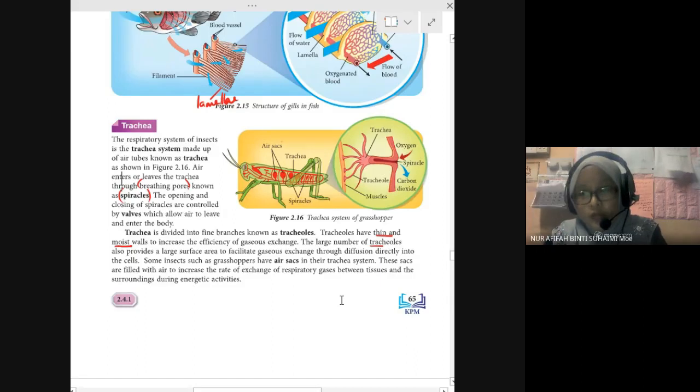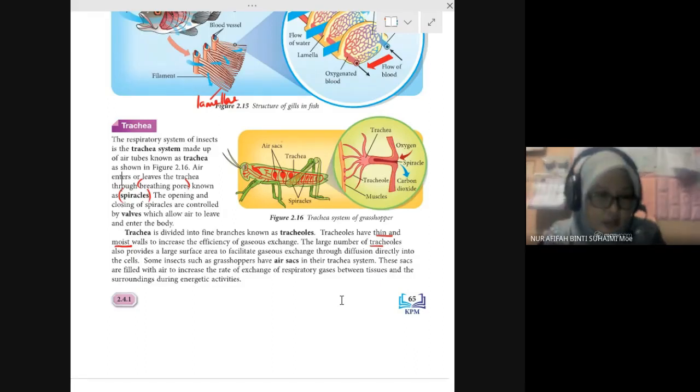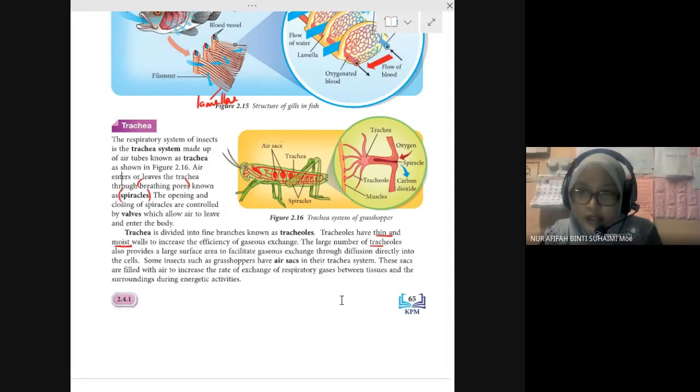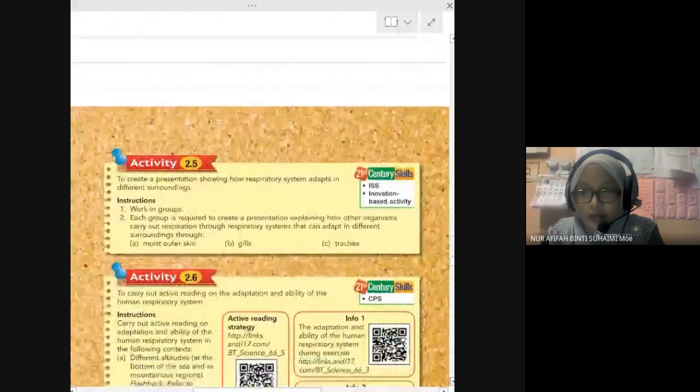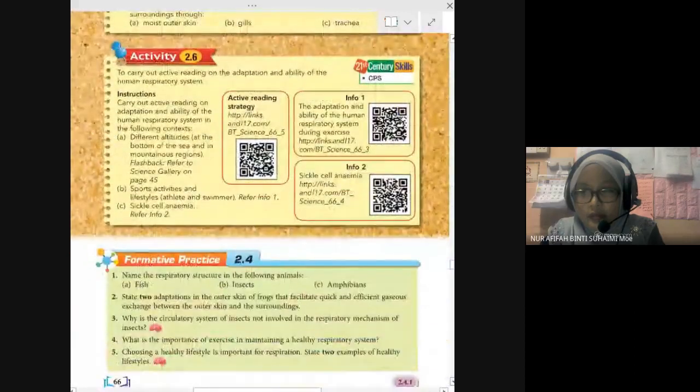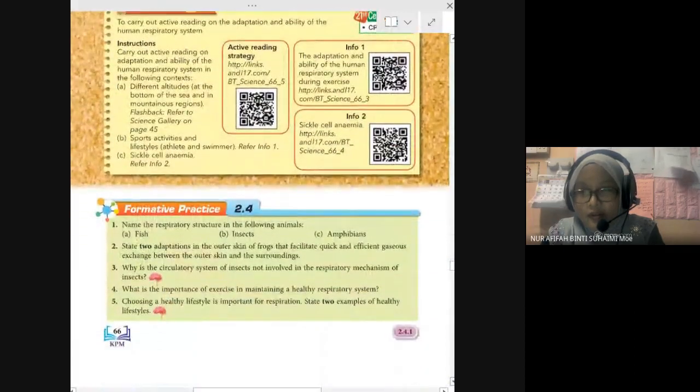This tracheole functions as part of gas exchange because it has thin, moist walls and is large in number, many of them. And it also has air sacs, like a bag, an air bag. Okay, done with 2.4.